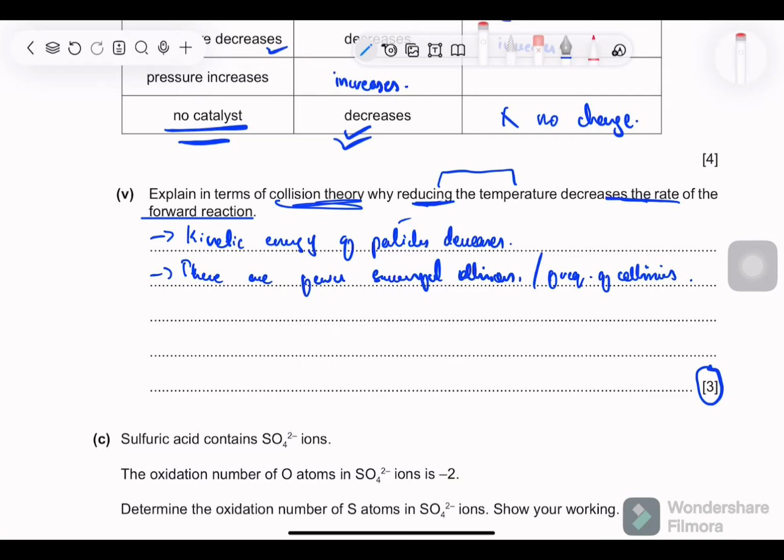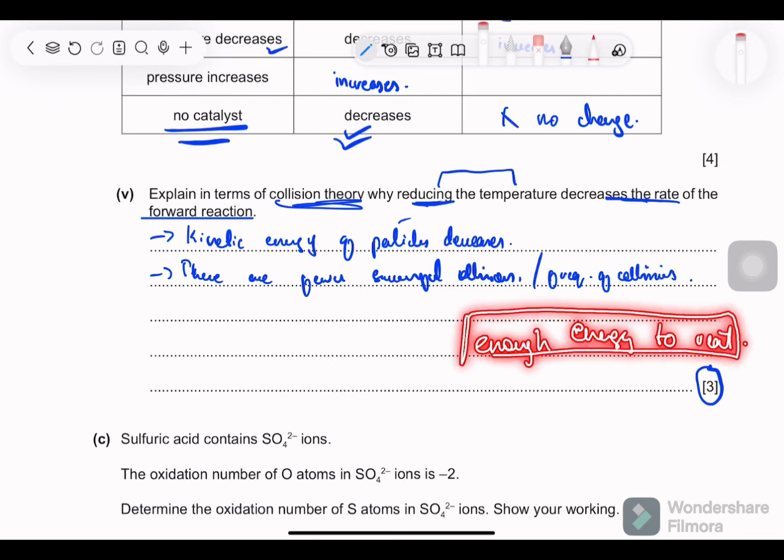Now listen to this carefully. When we reduce the temperature, fewer particles have enough energy to react. Now, what is this enough energy to react? This is the activation energy of the reaction, the minimum energy for particles to collide effectively and to react. This energy is provided to the particles by increasing the temperature so that they can reach this threshold point.